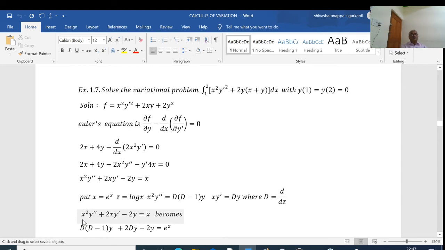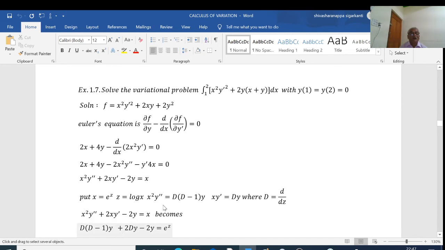So that is x square y double dash plus 2x into y dash minus 2y is equal to x. So this is D into D minus 1 into y plus 2x into y dash, this is 2Dy, minus 2y is equal to e to the power of z.